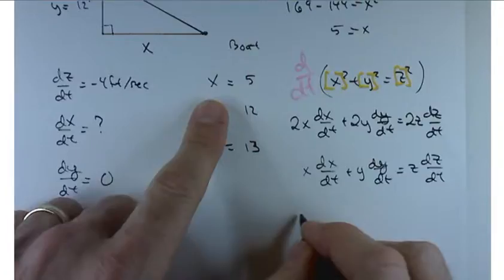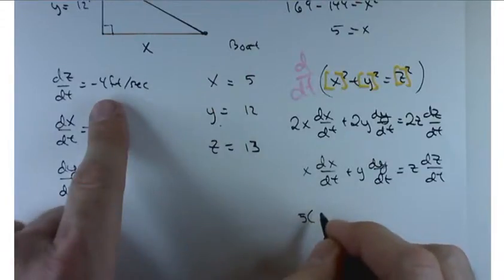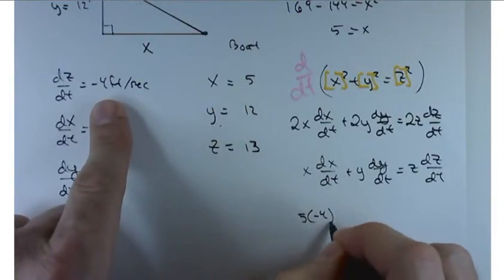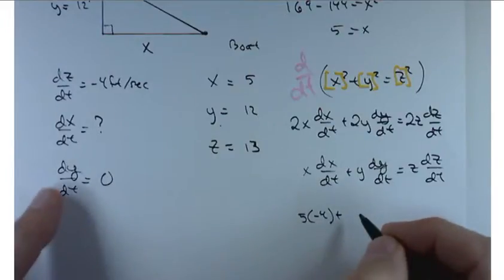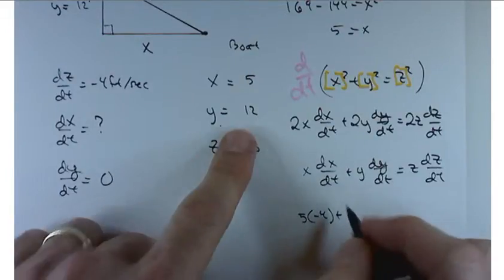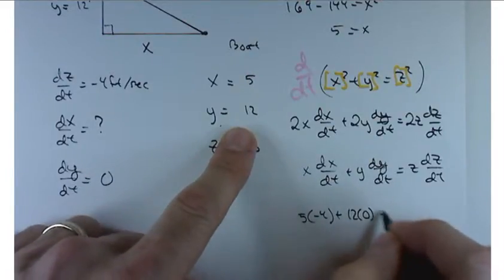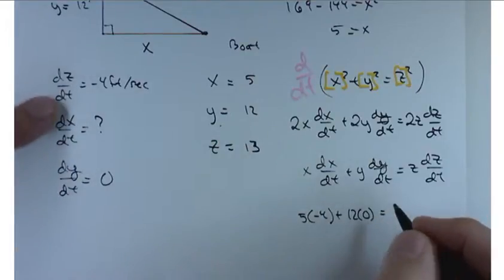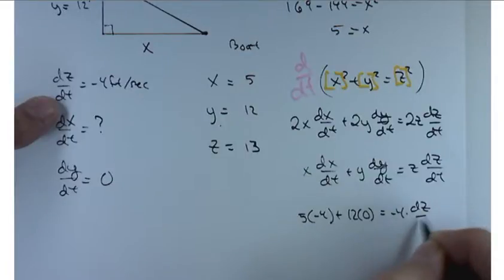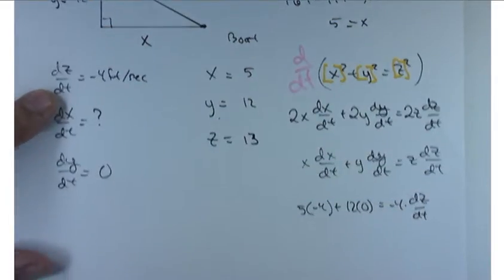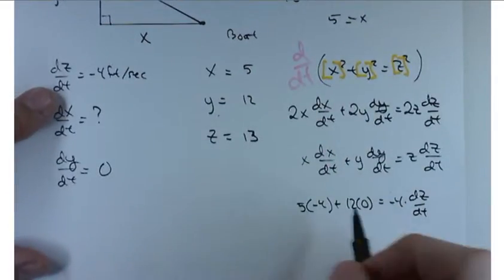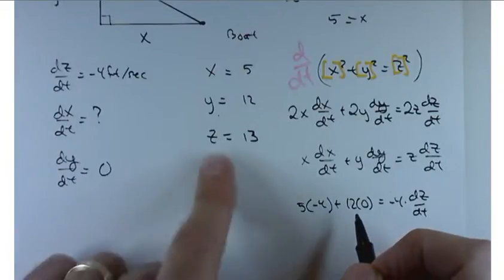X is 5 times dx by dt, which is negative 4, plus y, which is 12 times 0, equals negative 4 times dz by dt. Oops, you know what? I think something's wrong.